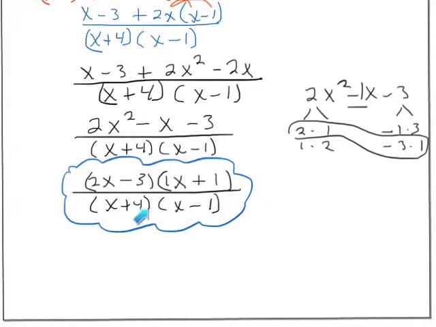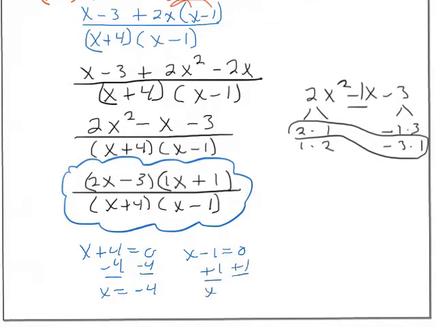And it just so happens that yes, I need to set this here equal to 0 and this equal to 0 and solve. So we're going to go x plus 4 equals 0, x minus 1 equals 0, and I'm going to solve for each. Here I get x equals negative 4, and here I will get x equals 1.